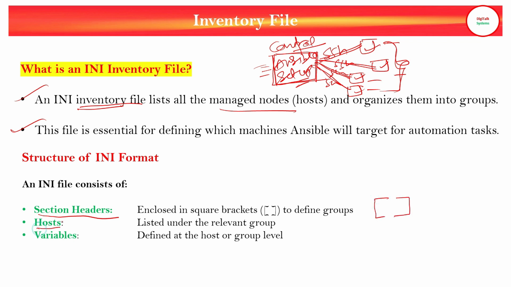Then the hosts: whatever managed hosts you want to execute the automation on, you list all those host entries there. Along with that we can define variables as well. That means when we define the host entries in the inventory file, along with each and every host we can define different kinds of variables. What is the use of these variables? I am going to explain in this session.